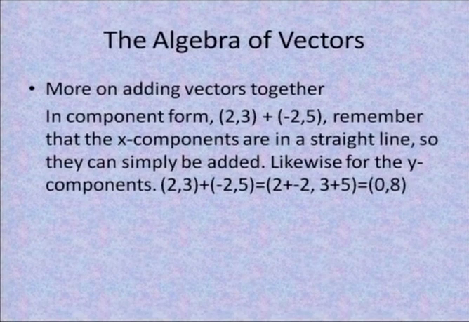So the resultant of adding these two vectors together: go 2 to the right and 2 to the left, that's a 0. Go 3 up and 5 more up, that's an 8. So we have 0, 8, or 8j, 0i plus 8j, if you want to put it that way.